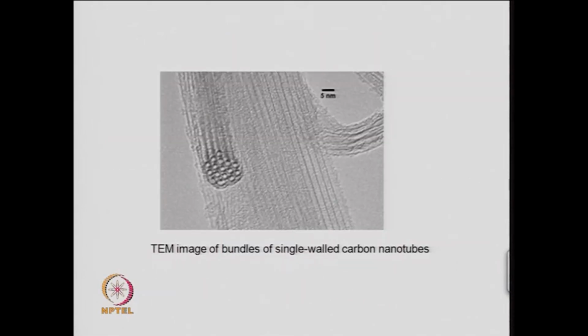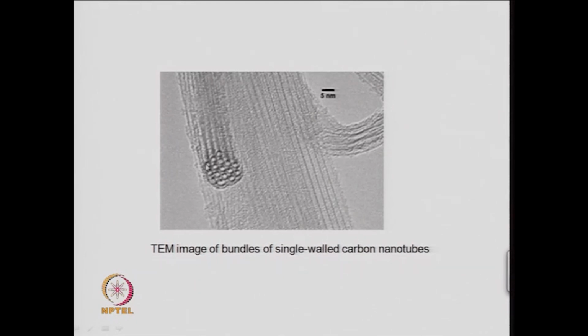Now, here you can see a transmission electron micrograph of bundles of single walled carbon nanotubes. So, these are single walled nanotubes, but there are many such nanotubes. This is one nanotube, second nanotube, this is the third nanotube. Like that, there are several nanotubes which are forming a bundle, right.